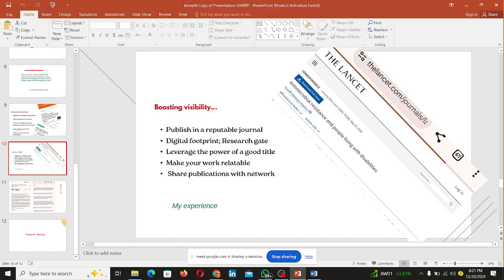So this paper is on antimicrobial resistance and people living with disabilities. He identified that people living with disabilities are often neglected in terms of policies or interventions around addressing antimicrobial resistance.